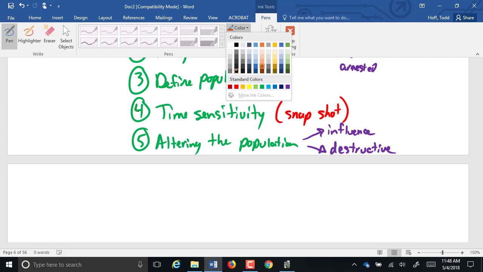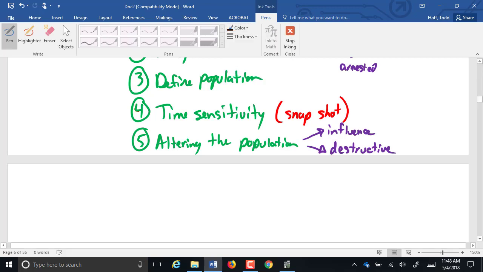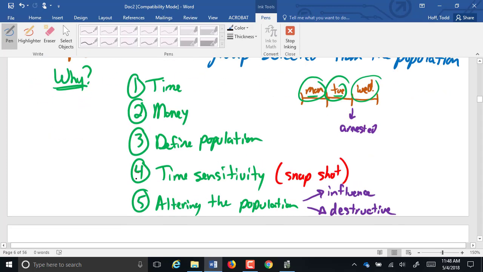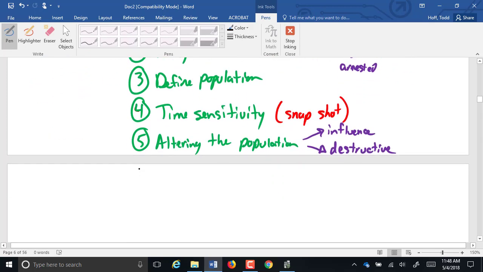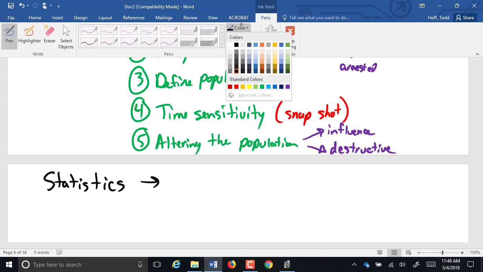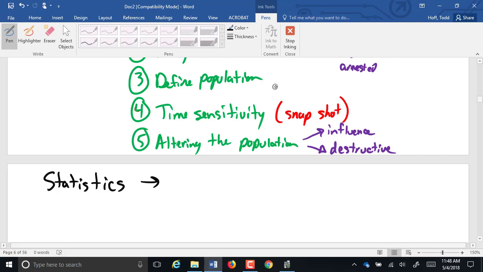So like I said, there are other smaller, less important reasons. Those are the 5 big ones. So from that sample, we gather statistics. Statistics describe the sample in terms of that random variable. They describe the random variable as it relates to the sample.